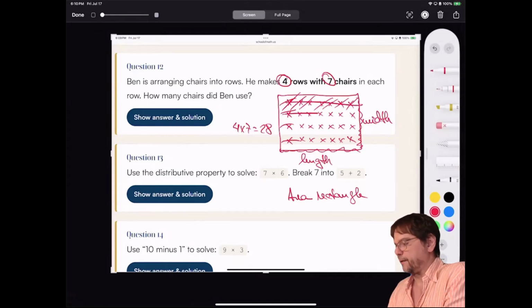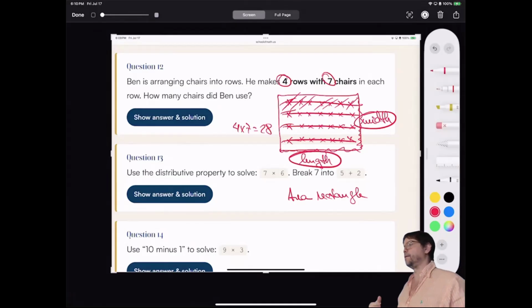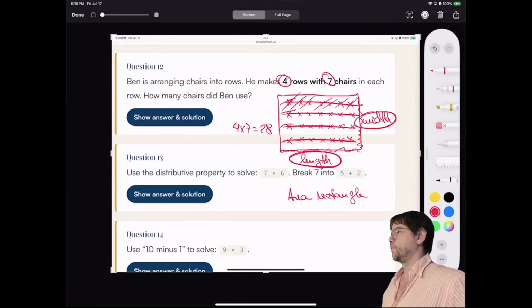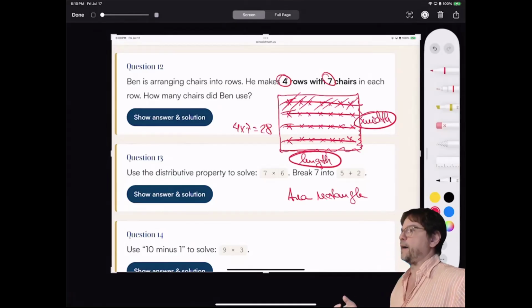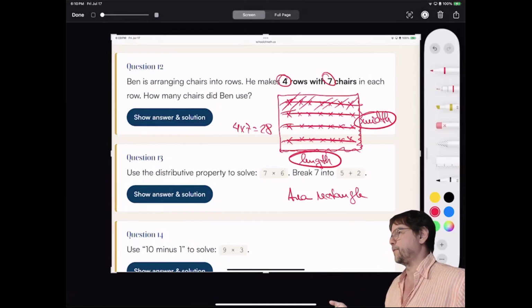So as expected, here I have 28 x's. It's in this way that you find the area of shapes with 4 sides, like a rectangle or square. Is that okay?